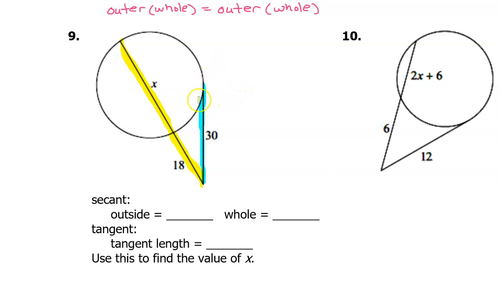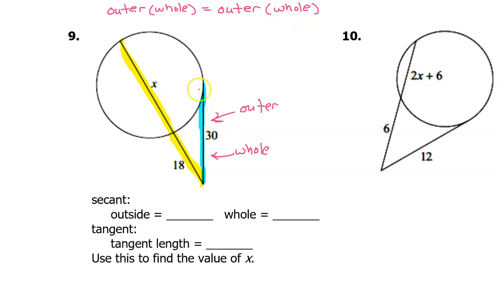And when that happens, we get something special when we look at the outer and the whole. Because this blue line here, this is the outer part. It's clearly outside the circle, but there is no inner part. So it is also the whole. So this 30 is both of these numbers.